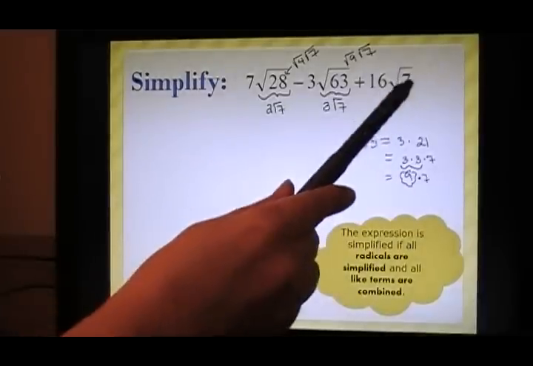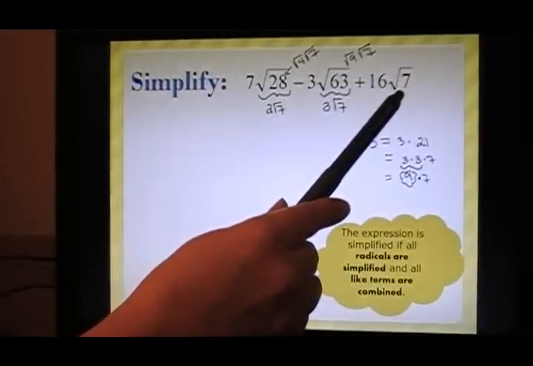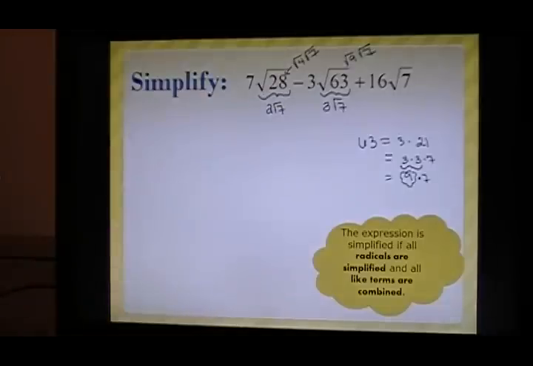And then for the last term, 7 is not a perfect square. And the only factors of 7 are 1 and 7. Yes, 1 is a perfect square, but we're not interested in that in terms of simplification. So, square root of 7, I cannot simplify this last term at all.